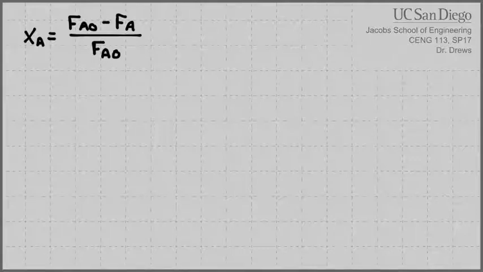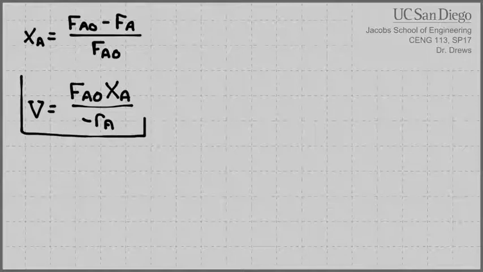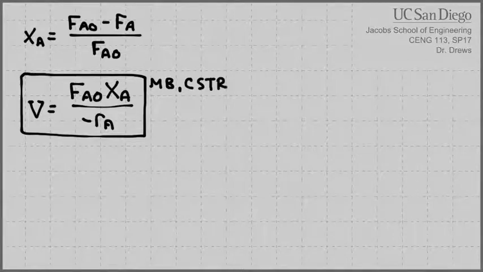That leads to the following variation on the material balance, which is that the volume of our reactor can also be calculated as FA naught times XA over minus RA. That's an equivalent form for a material balance on a CSTR, typically restricted to one reaction.